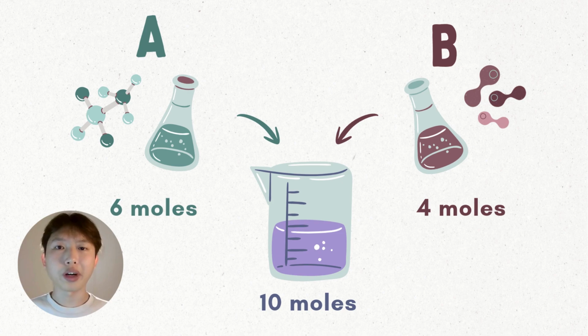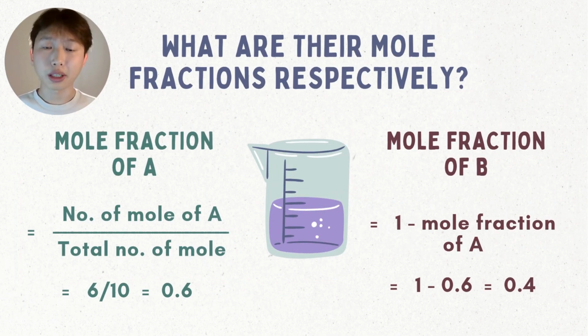Let's say we have two compounds A and B, and we combine them together to become a mixture. So what are their mole fractions respectively? The mole fraction of A can be calculated by the number of moles of A divided by the total number of moles, so we get 0.6, and the mole fraction of B we can calculate by 1 minus the mole fraction of A, so we get 0.4.